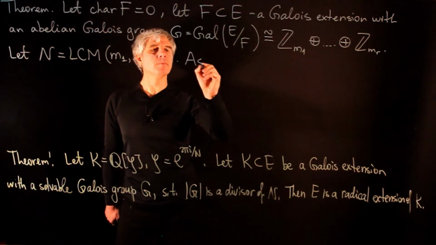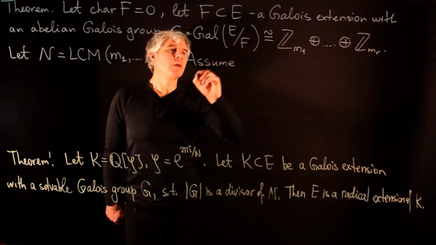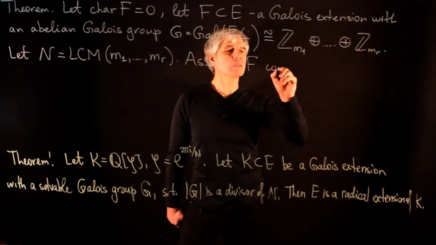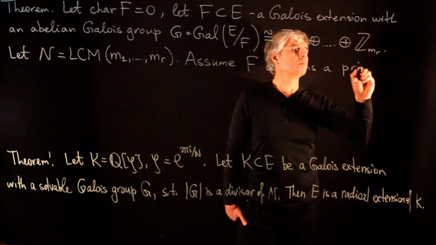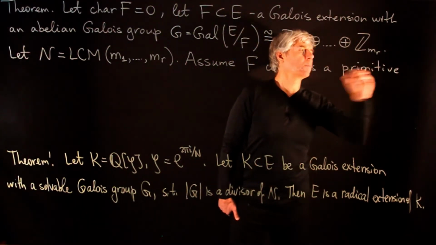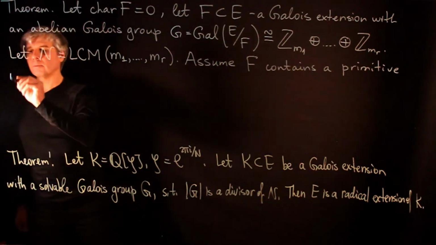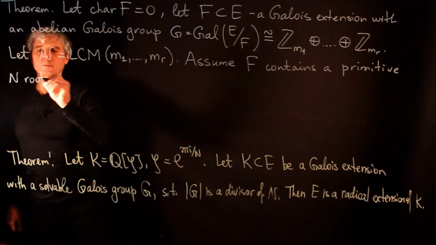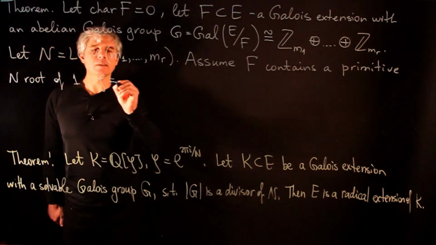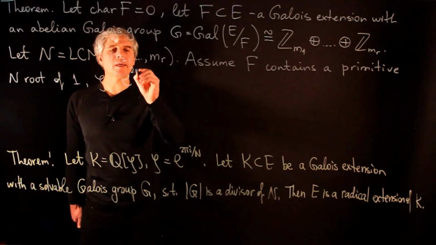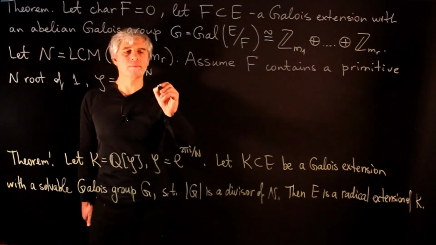and assume that F contains a primitive nth root of 1. So zeta is e to the 2 pi i over n.